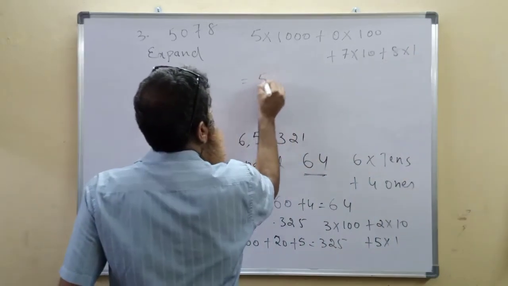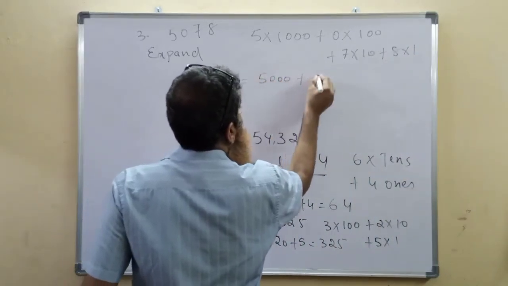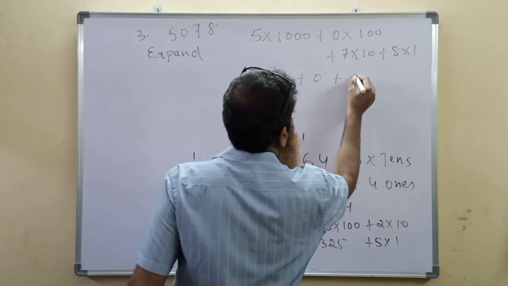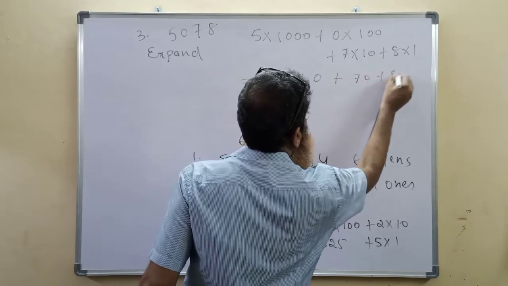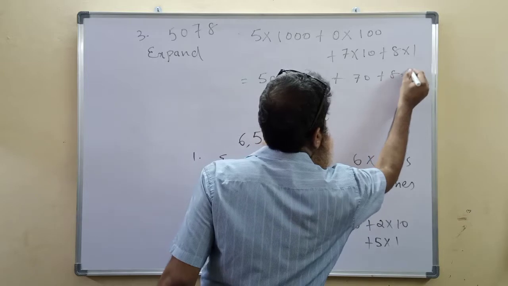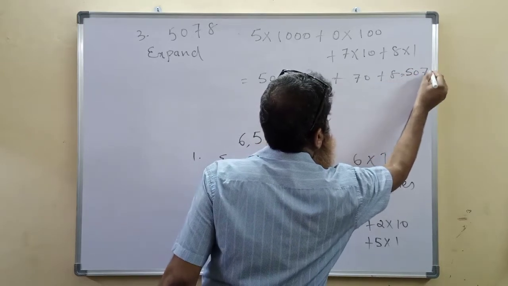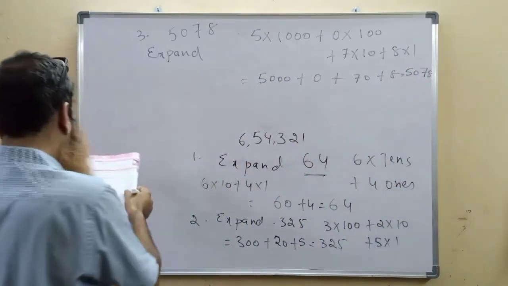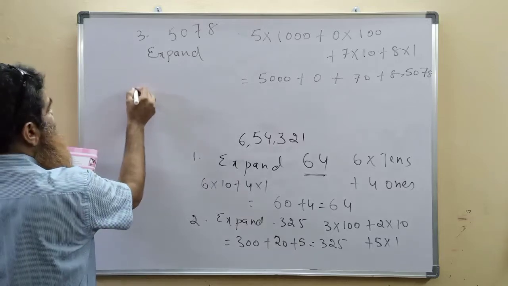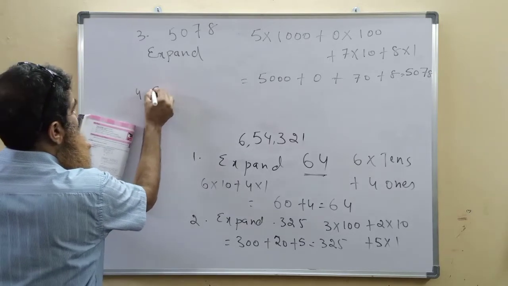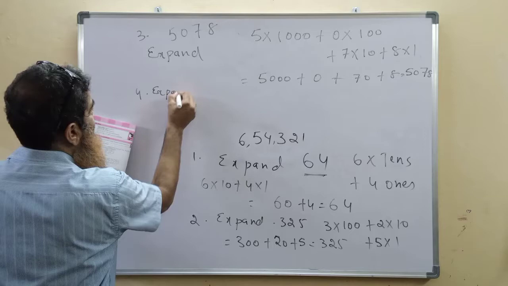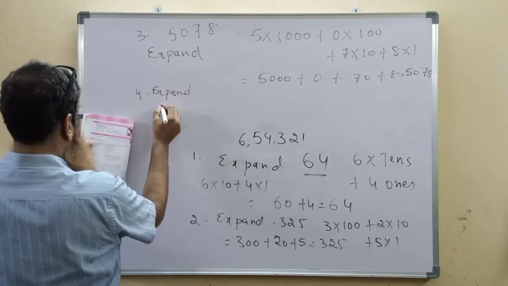That is 5,000 plus 0 plus 70 plus 8, that is equal to 5078.